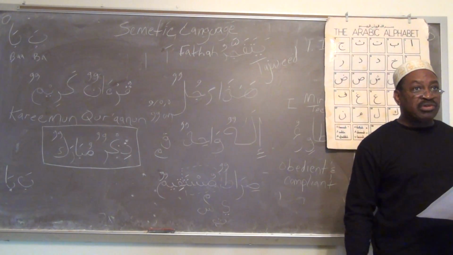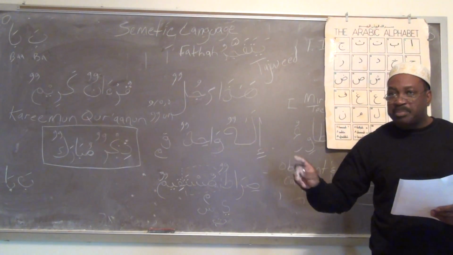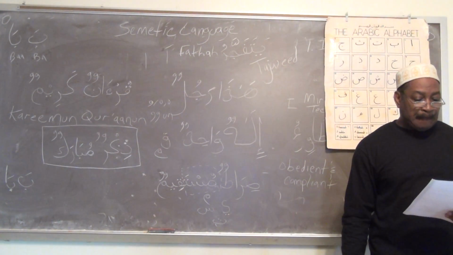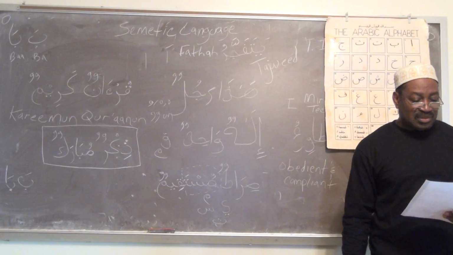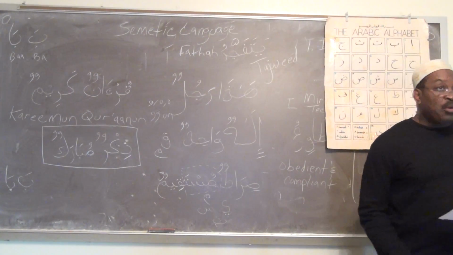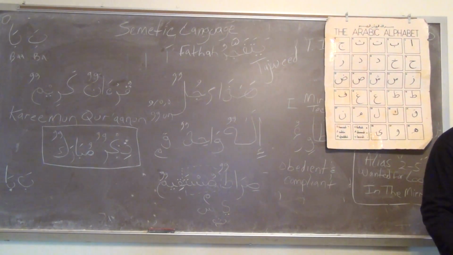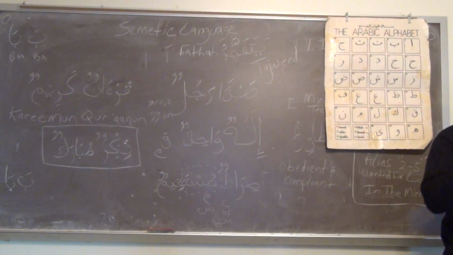I don't have the whole verse, but I just got this part of that particular verse. You're going to see two of them. You're going to see where it says, it is a Quran, and then you're going to see where it says, it is a glorious Quran.